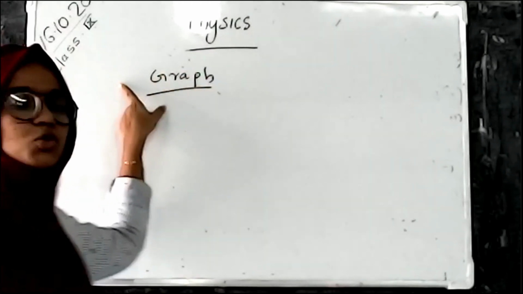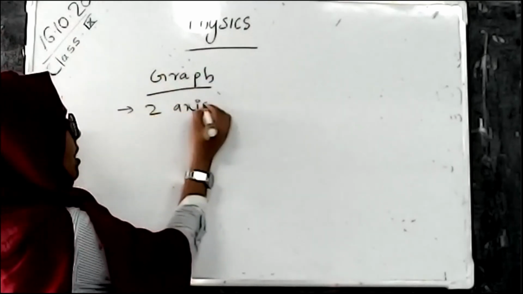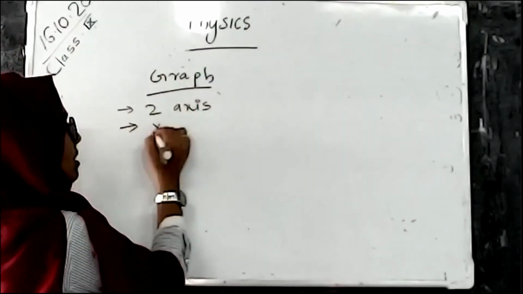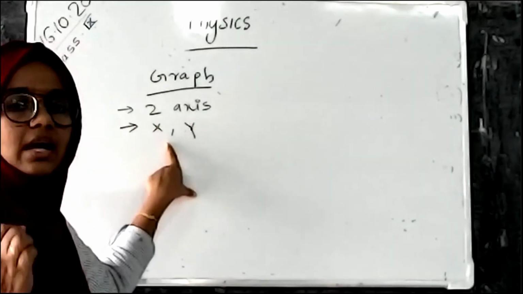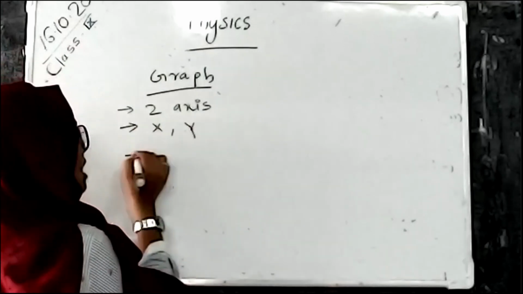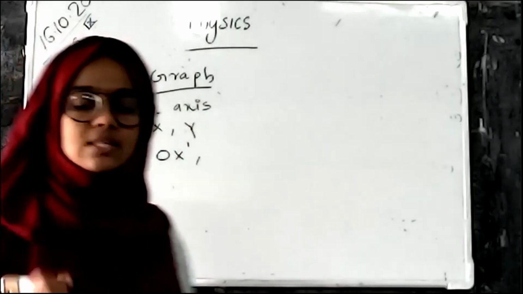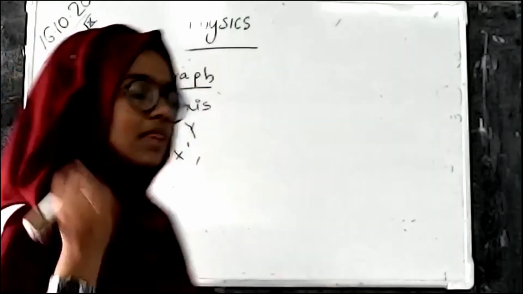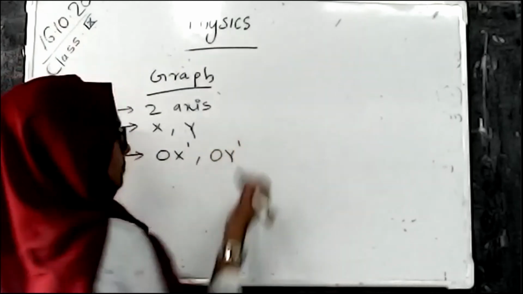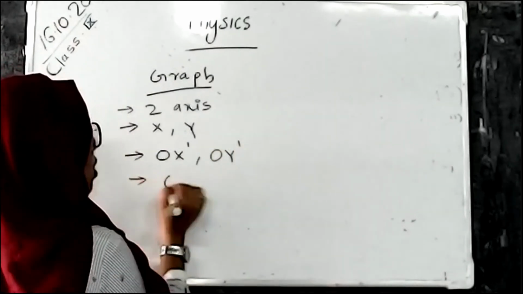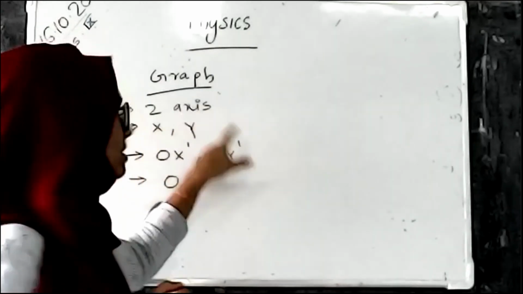A graph has two axes, x-axis and y-axis. The x-axis has a negative part to the left of the origin, and that is OX dash, and the y-axis has a negative part, the lower part of the graph, and that is OY dash. O is the point where the axes X and Y meet.